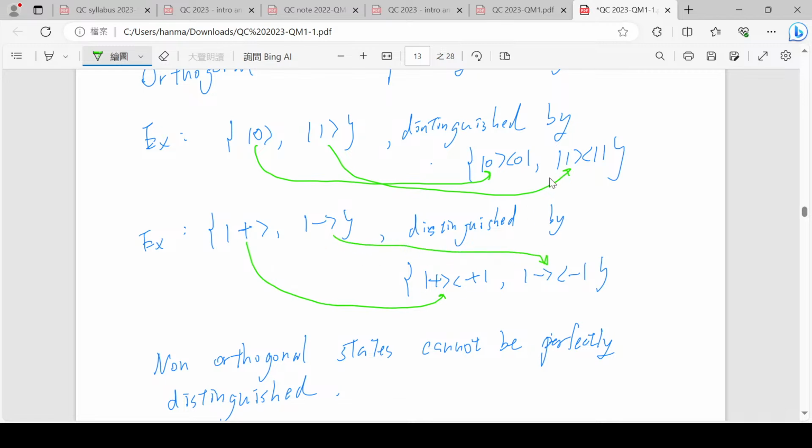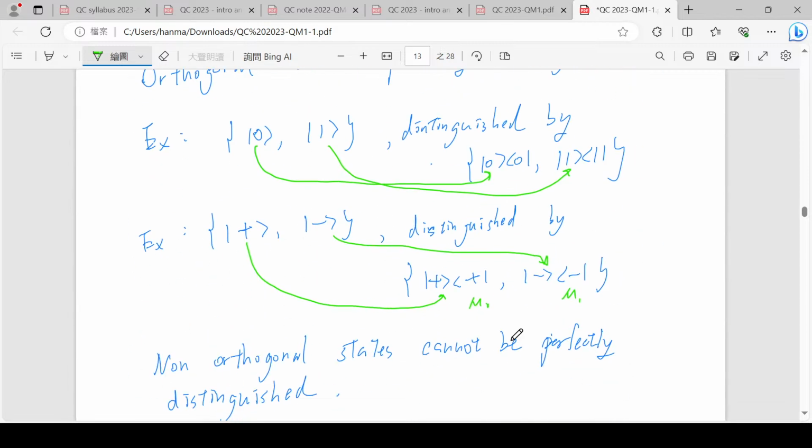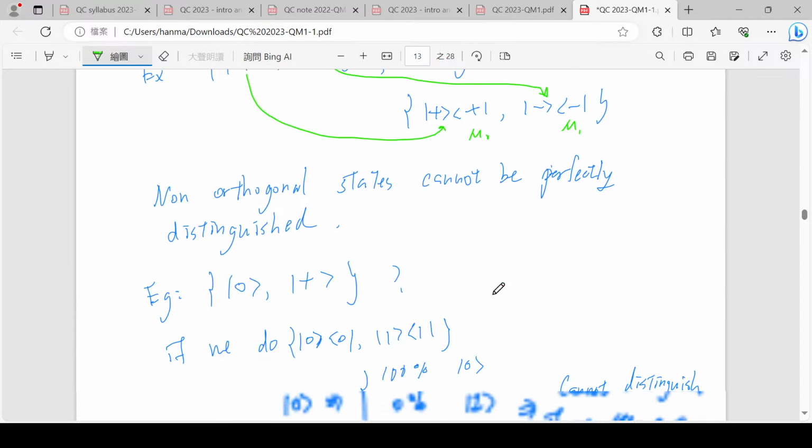Our notation is a bit tricky. We should say this is like M0 and 1 because in our definition we always index it with integers, but it's pretty clear here, so we just say it's plus and minus.